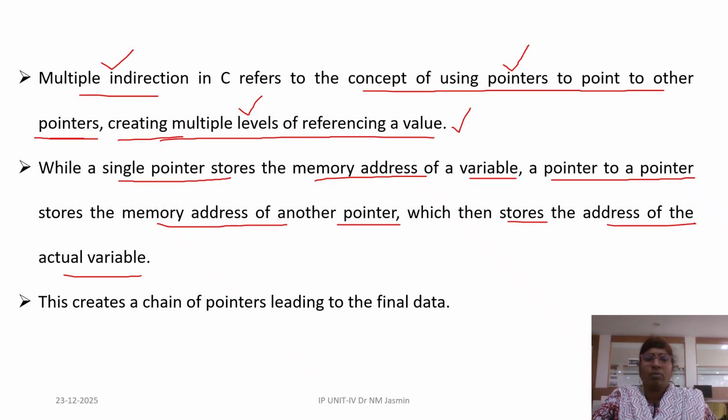So I can say that it creates a chain of pointers leading to the final data. That is the reason we call it multiple indirection: we are taking n number of pointers that lead to the final data.